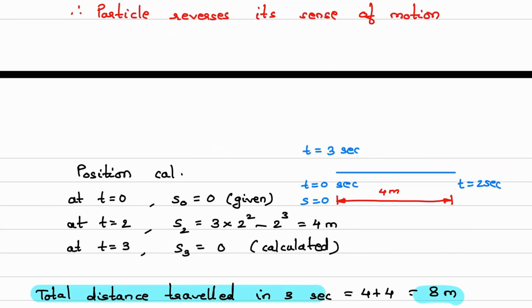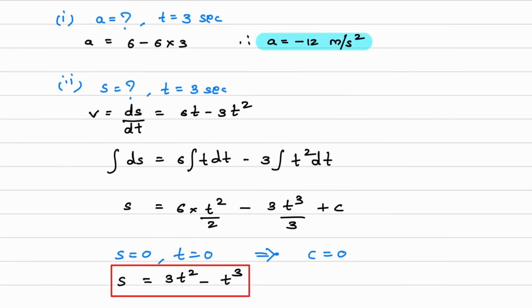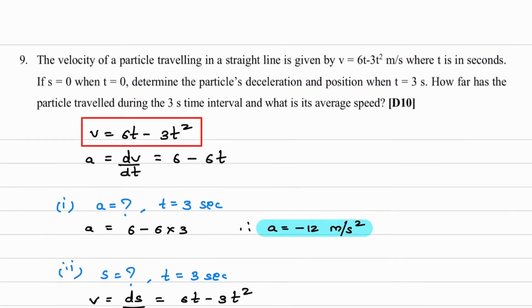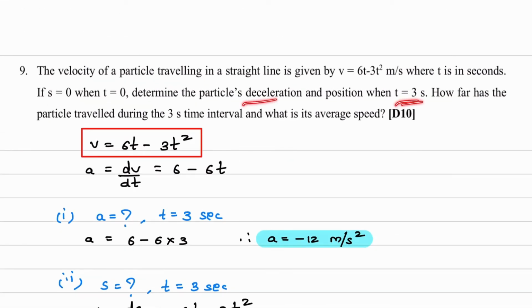Finally the particle is decelerating and it becomes equal to 0 here. That is why what is asked is, at time equal to 3 seconds, what is the deceleration of that particle, and at a total of 3 seconds, what is the position.